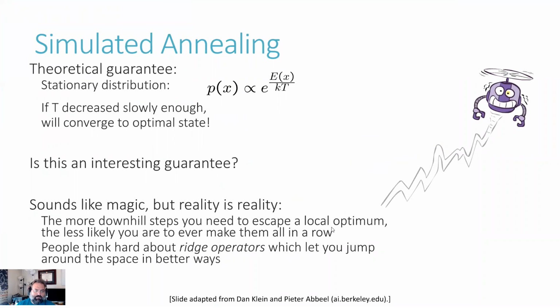It's an interesting guarantee: if T decreases slowly enough, it will converge to the optimal state. That basically means if you rattle it enough times, you'll get there.